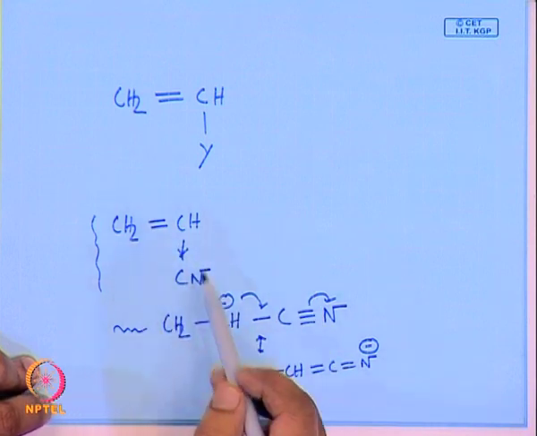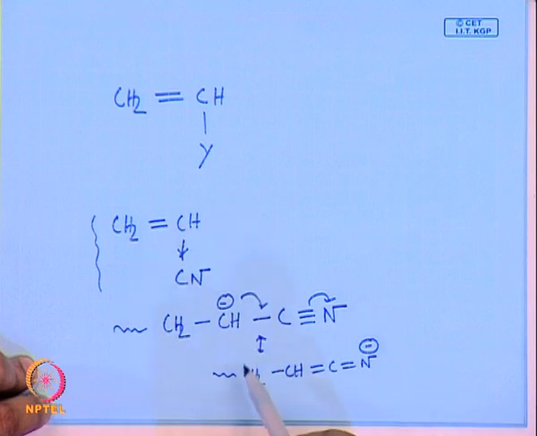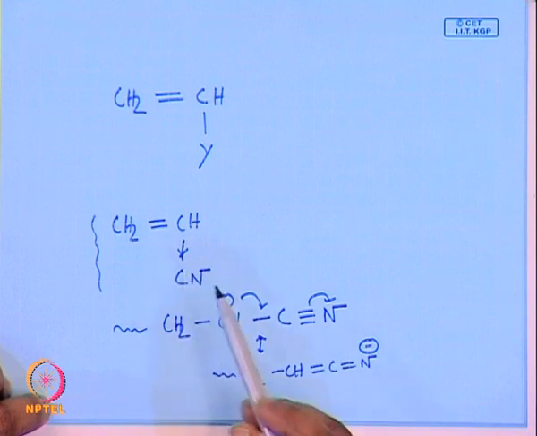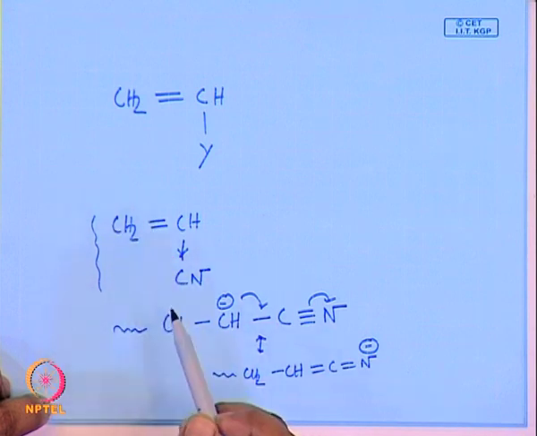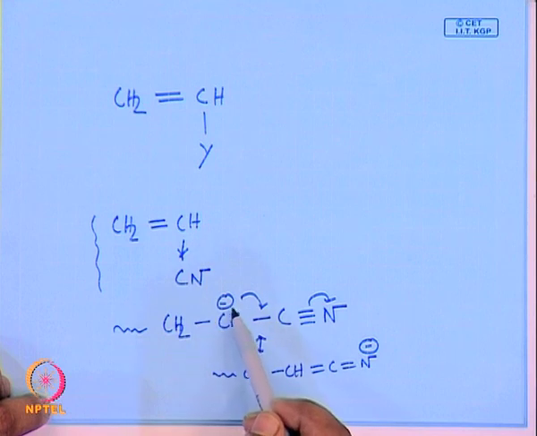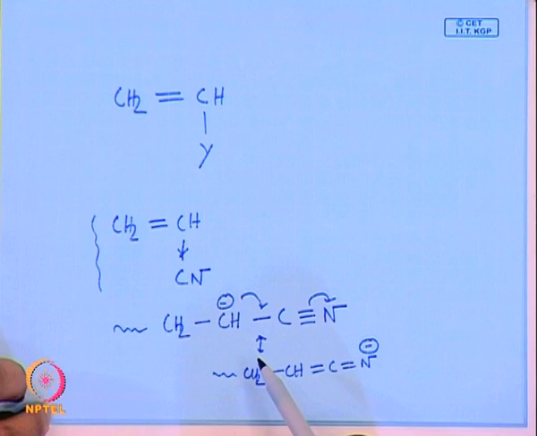So, it can undergo chain polymerization by an anionic initiator, because you have an electron withdrawing group which increases the reactivity of this double bond towards the electrophile, and also it stabilizes the reactive species formed because of the reaction of this monomer with the reactive species.